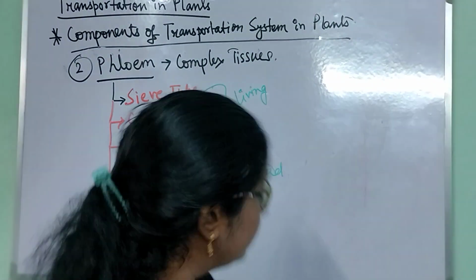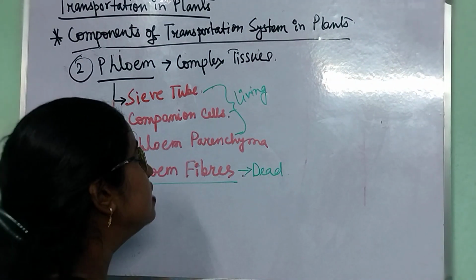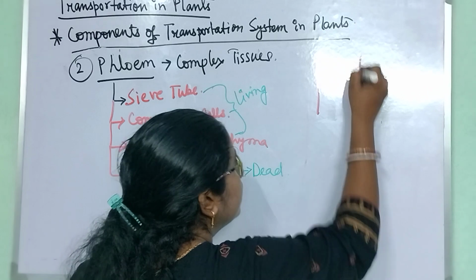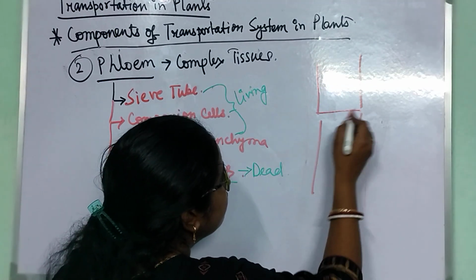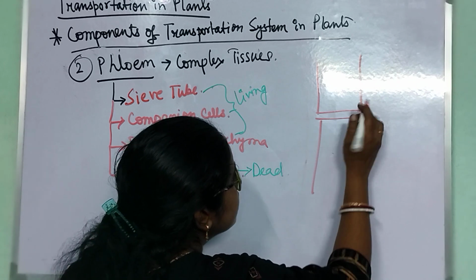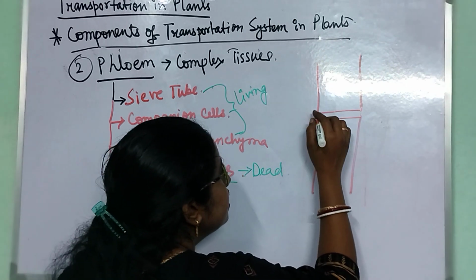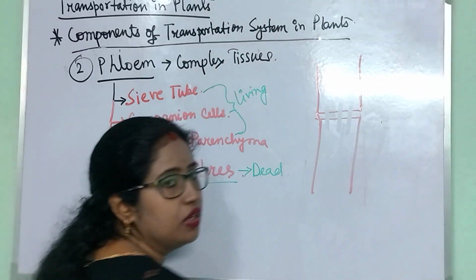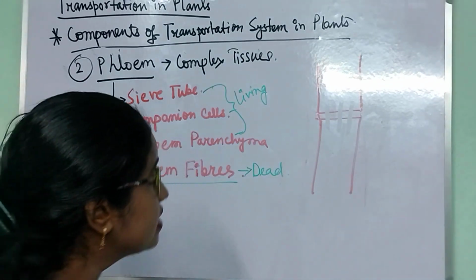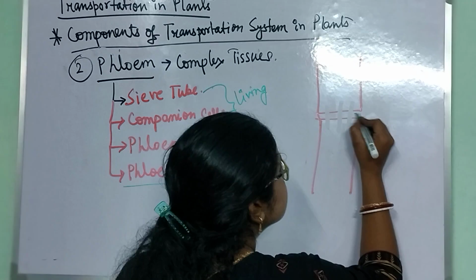Then the companion cells are elongated cell-like structures, and in between them there is a tube-like structure present, and this tube-like structure is somewhat porous in nature.